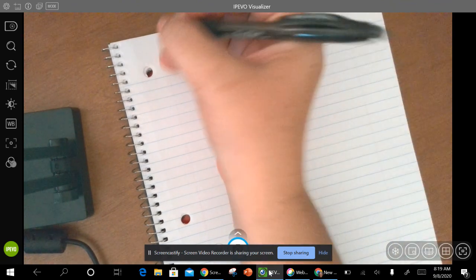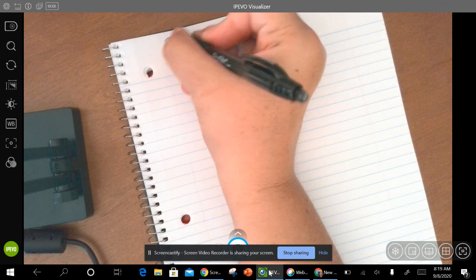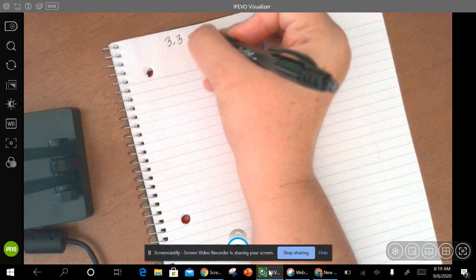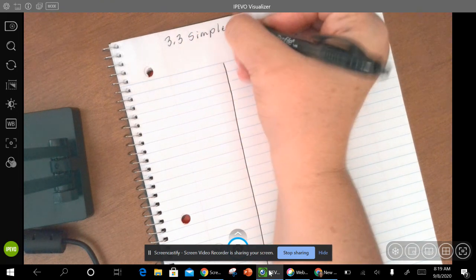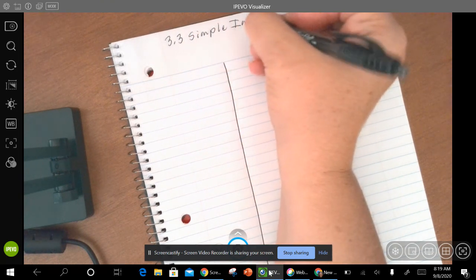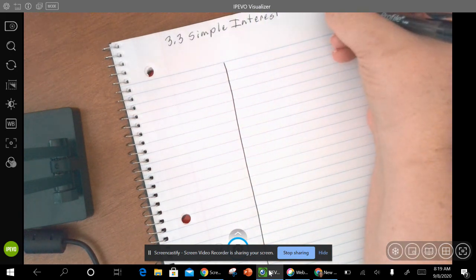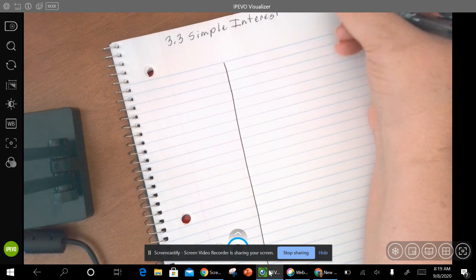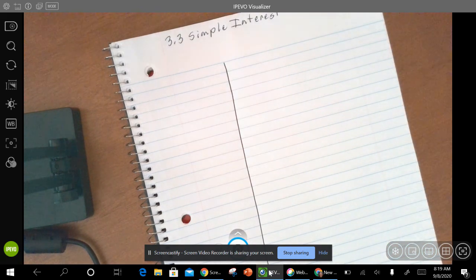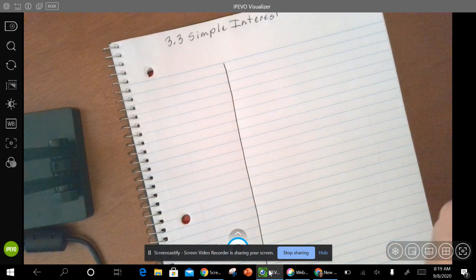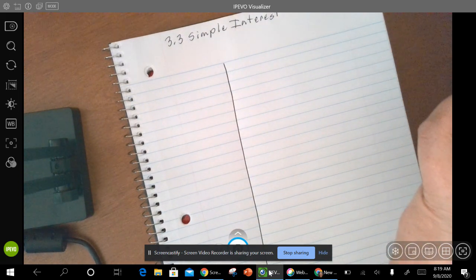Morning. So we are going to work on 3.3, which is all about simple interest, because we are talking about savings accounts with this one. So we're talking about simple interest like we just said.